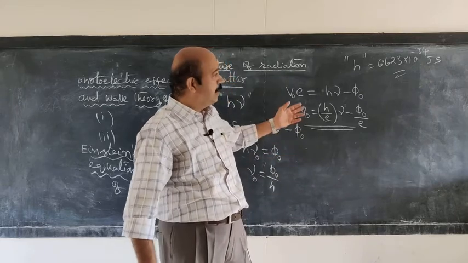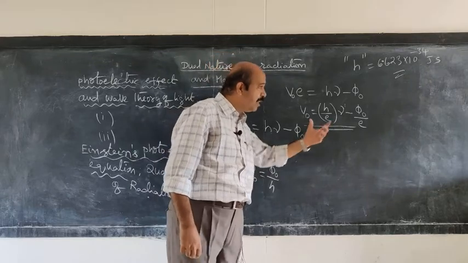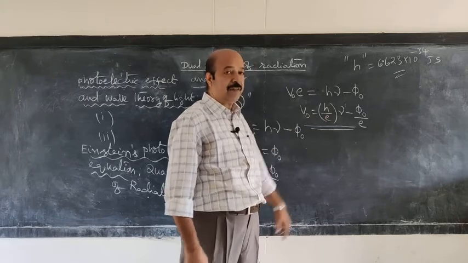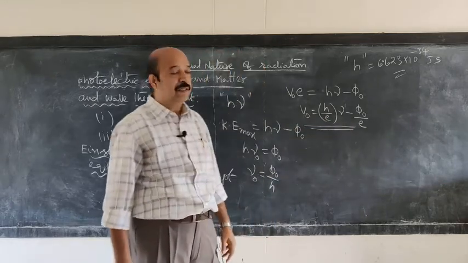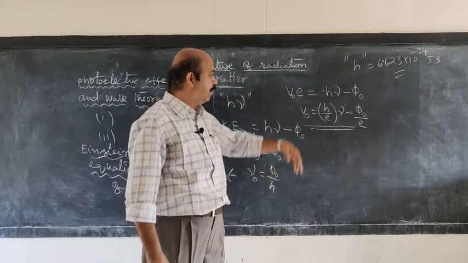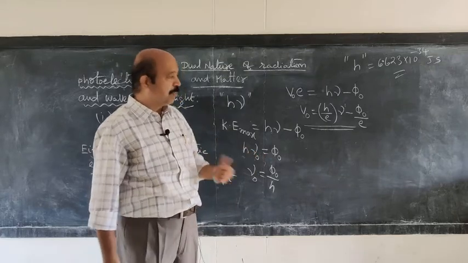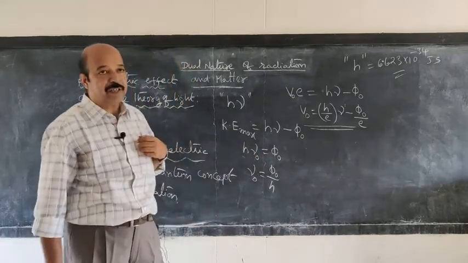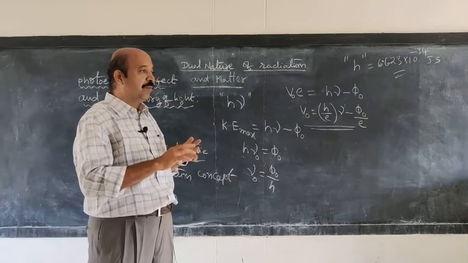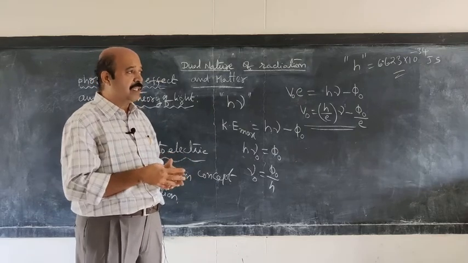So the experiment performed by Millikan proved that this linear relation is correct, and also the calculations of Planck's constant value and work function for the metals were found to be correct from his experimental observations. So in that way, Millikan proved that Einstein's photoelectric equation and his explanation is correct. And in that way, the particle behavior of radiation is proved.